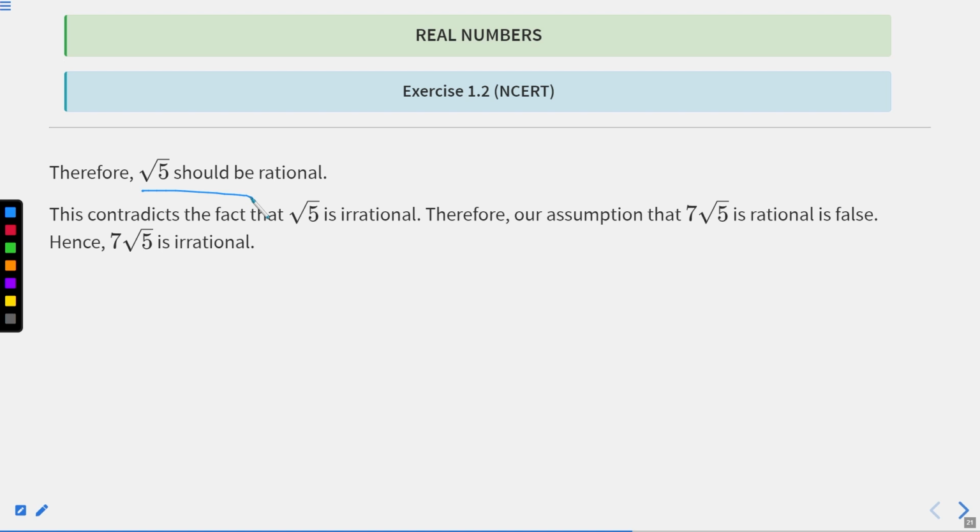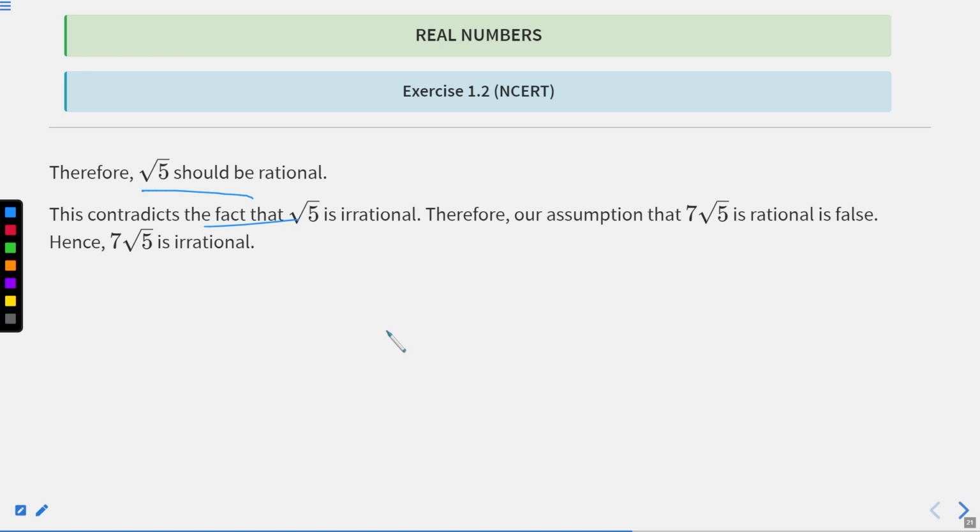But in our previous slide, we proved that root 5 is an irrational number. So this contradicts the fact that root 5 is irrational.